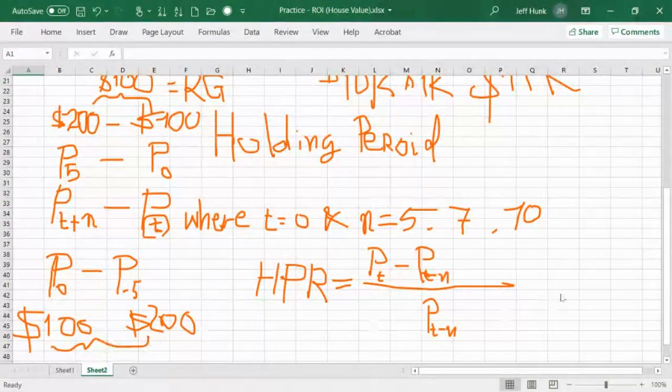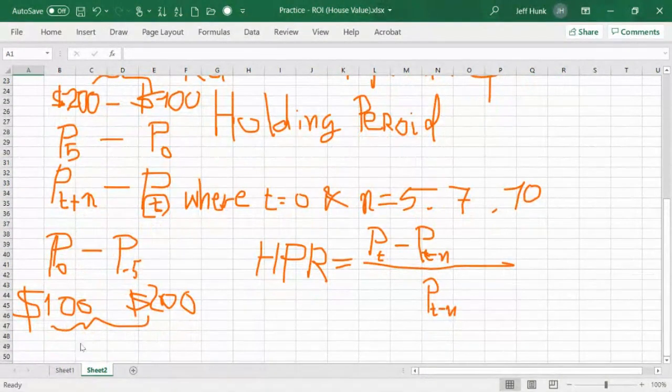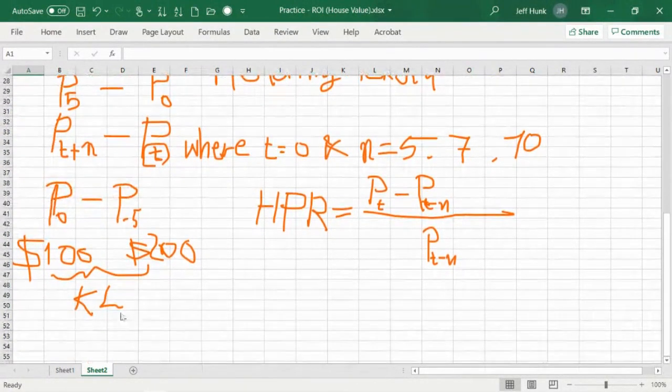If this is the case, there's a capital loss. But again, capital loss is the same thing as negative capital gain. Everybody's fine with that? Loss is negative gain, isn't it? This means negative; otherwise, this is positive.